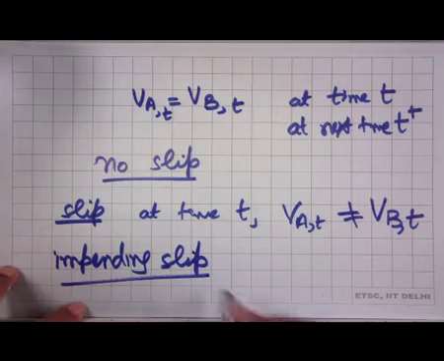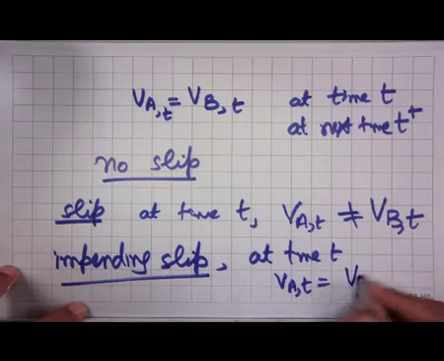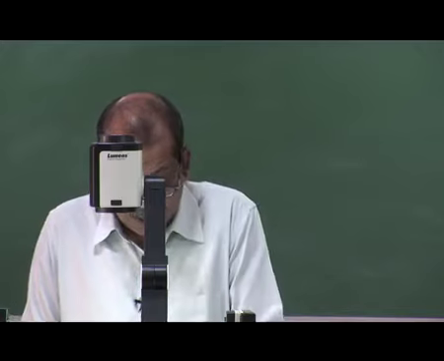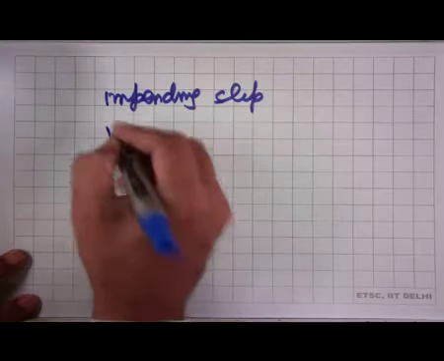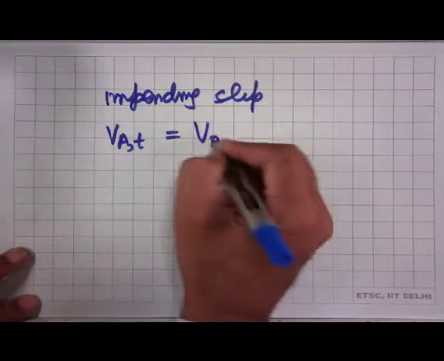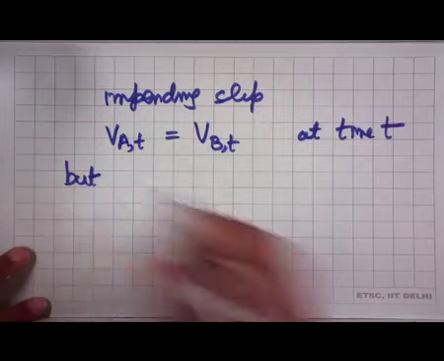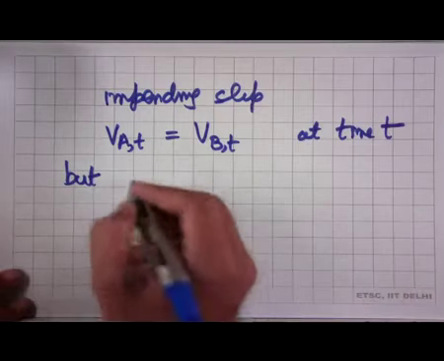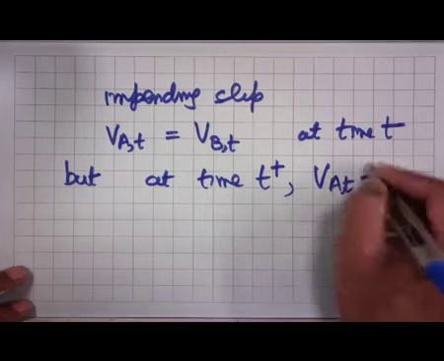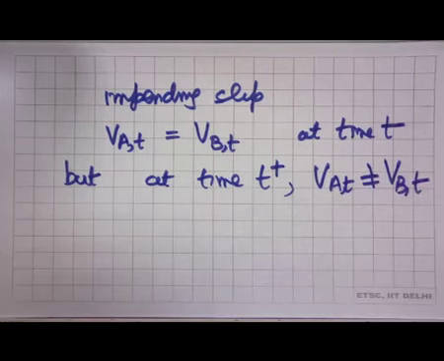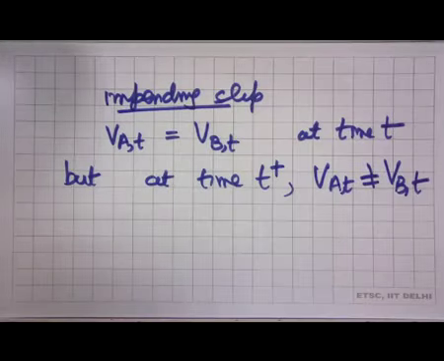What impending slip implies is that at time t, V A tangential is equal to V B tangential. But with the same conditions on the problem, at the next instant, V A will not be equal to V B. That means the body is just about to move, and that condition is referred to as impending slip.